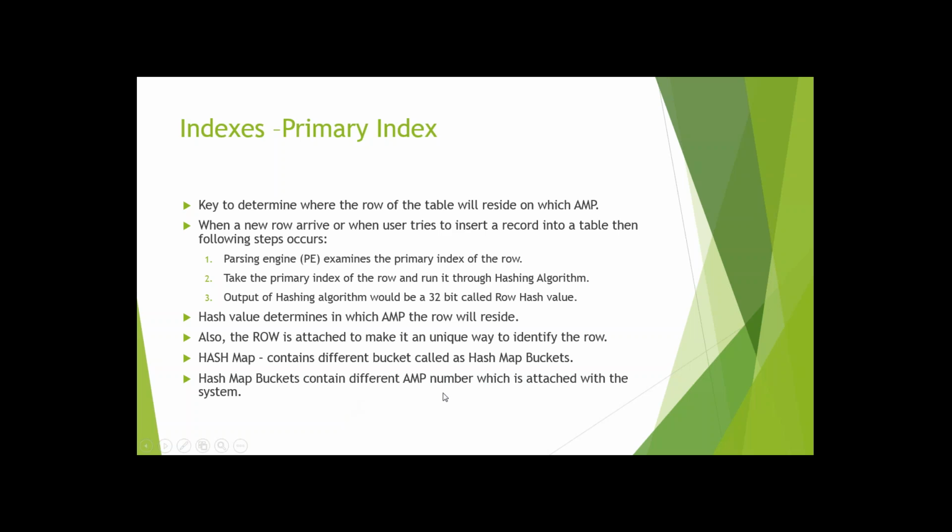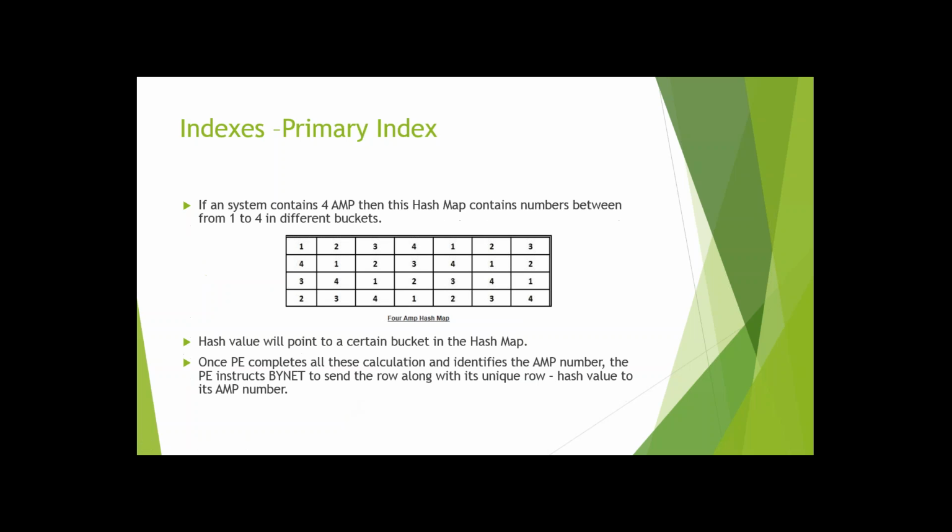How does a hash map bucket look? This is how a hash map bucket looks. Say you have a 4 AMP Teradata system. The hash map is nothing but it just lists out all the AMPs 1, 2, 3, 4. So a hash value will point to a certain bucket in the hash map.